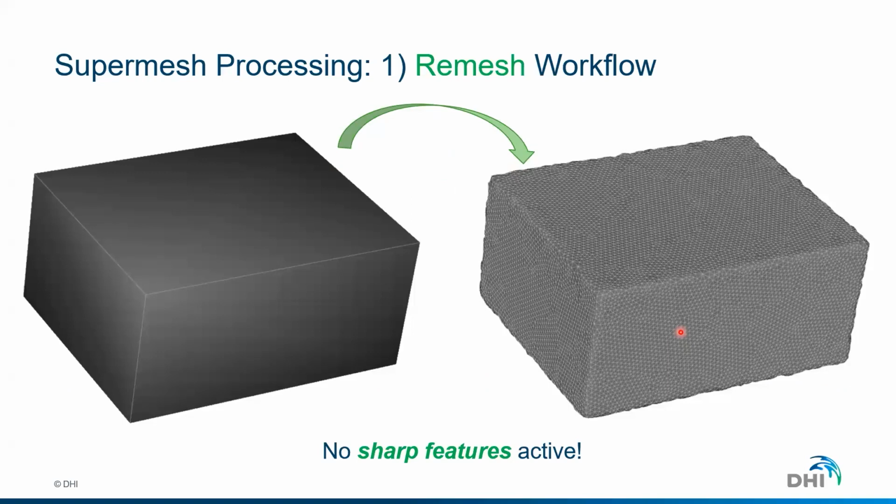Remesh also has some possibilities to preserve specific features, what we call sharp features. A sharp feature is a segment in this example, and this segment preserves the shape of, in this case, the cube. We can tolerate not preserving these sharp features, and basically the cube can be slightly deformed.